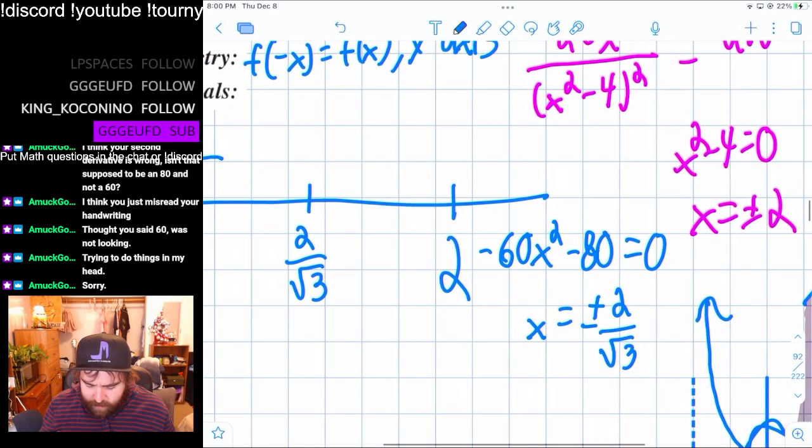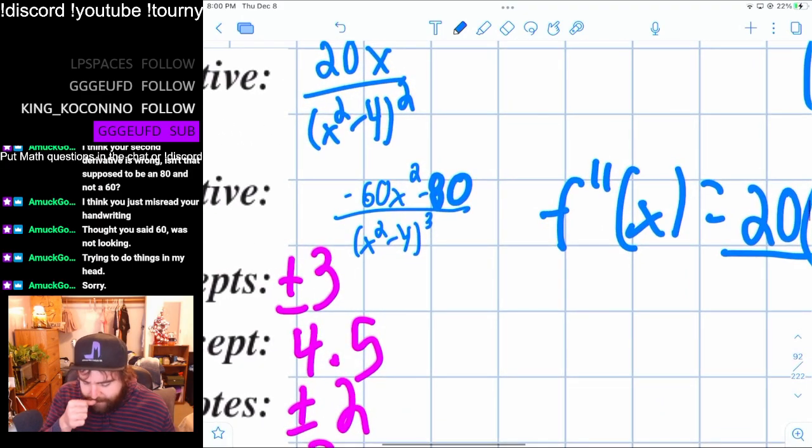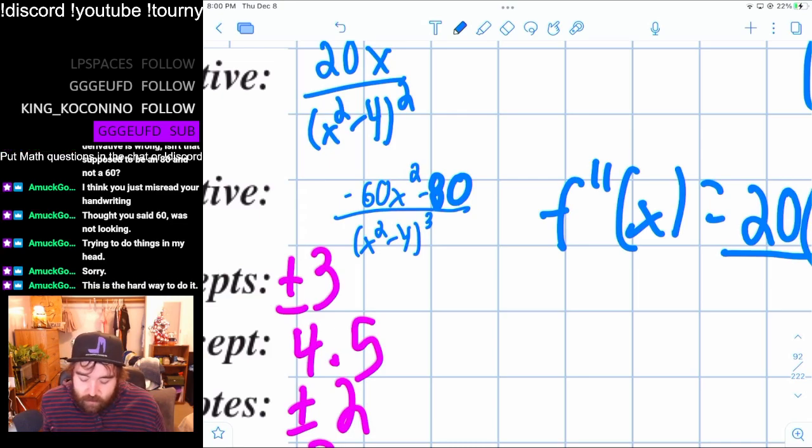But then is there ever concave down here? So if I plug in something that's just less than 2, what's going to happen? Well, I can plug in 2 on the top. That's fair, and that's just like a negative. So I get a negative on the top. If I plug in something just less than 2 on the bottom, that's also going to be negative because it's going to be like 3.9 minus 4, which is a negative. A negative cubed is negative.